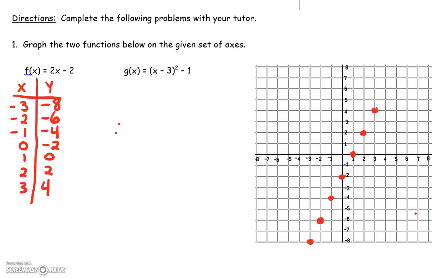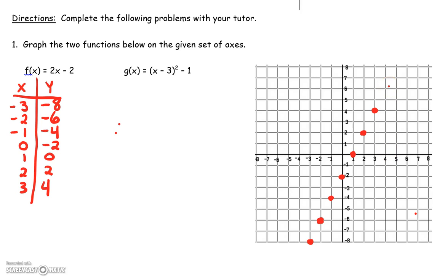Once I have the table of values plotted, I ask myself, are there values that I'm not showing in the table but are still valid for this function? As an example, could I plug 4 into the function and get a value? Of course, the answer is yes, because 2 times 4 minus 2 is 6. So technically, I could also plot the point 4, 6.